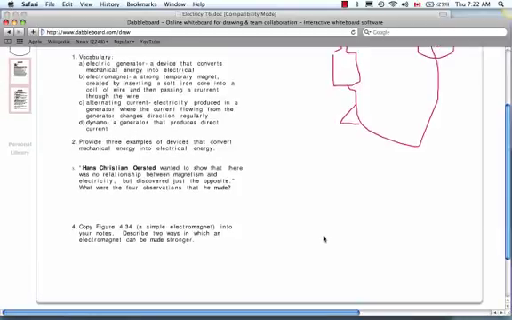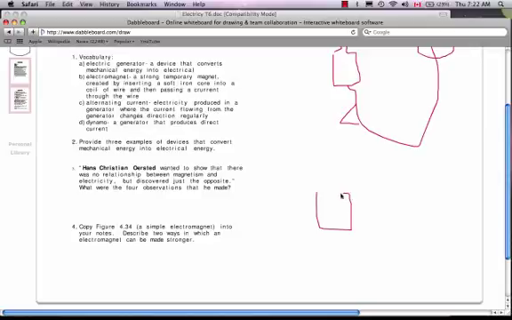Number 4 wants you to make a simple electromagnet and describe ways that we could make it stronger. So an electromagnet, we need a cell, so a battery, and then we take a wire and we coil it, a coil of wire.